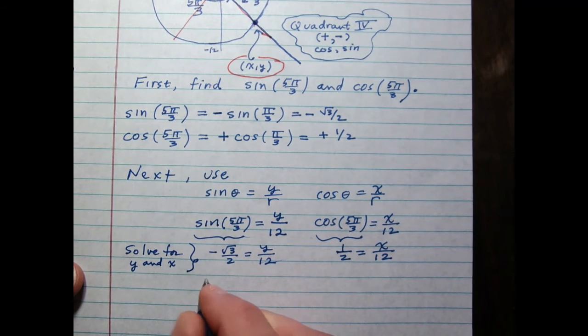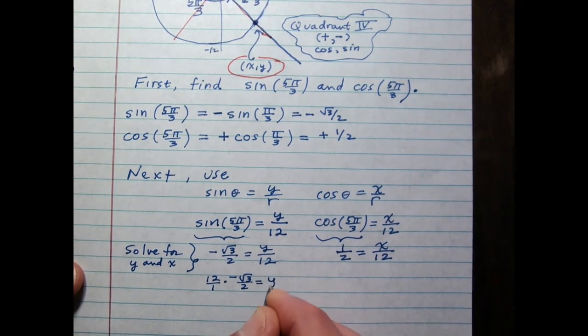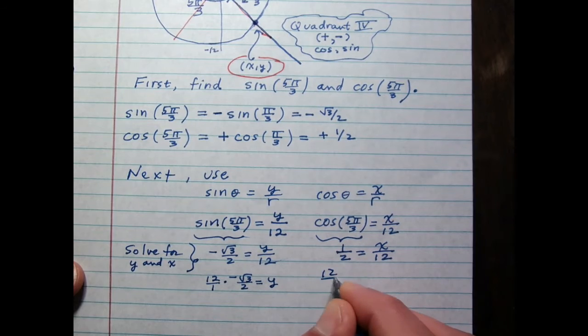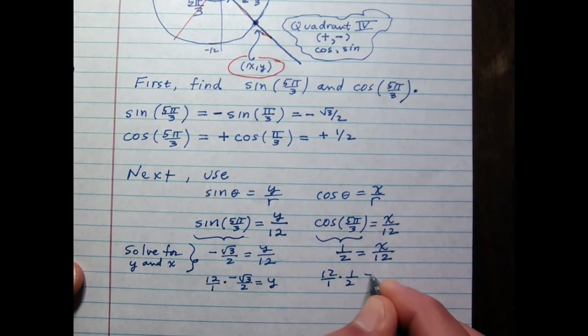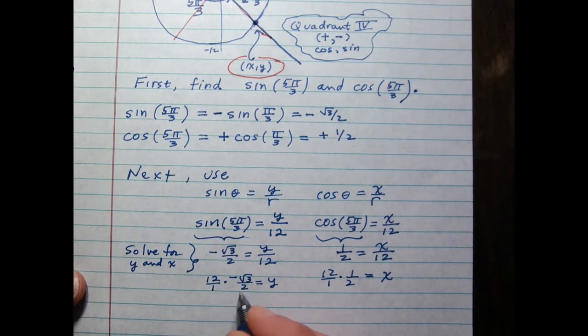Multiply both sides by 12. I think I got 12 over 1 times negative square root of 3 over 2 is going to be y. 12 over 1 times a half is going to be x. And we can cancel a little bit here. When I cancel by 2, I get negative 6 radical 3 is y.